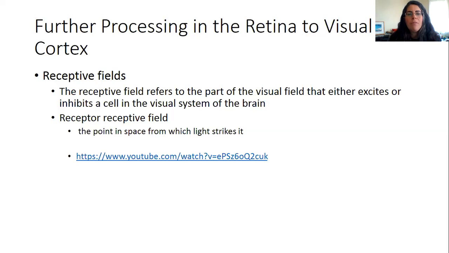So the receptive field is just that point in space where light is coming from that strikes the receptor, okay? And when you move further along in the pathway of processing visual information, receptive fields start to become more complex, and they become made up of the receptive fields of other cells through convergence.